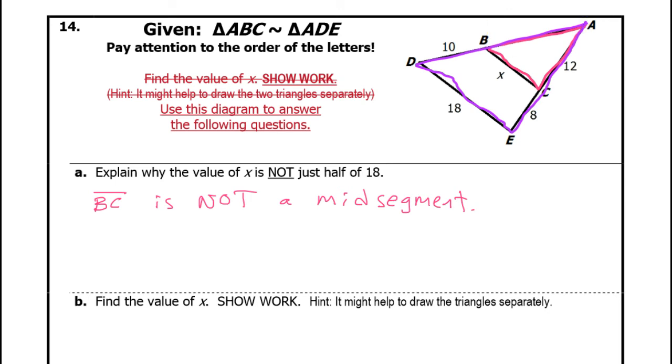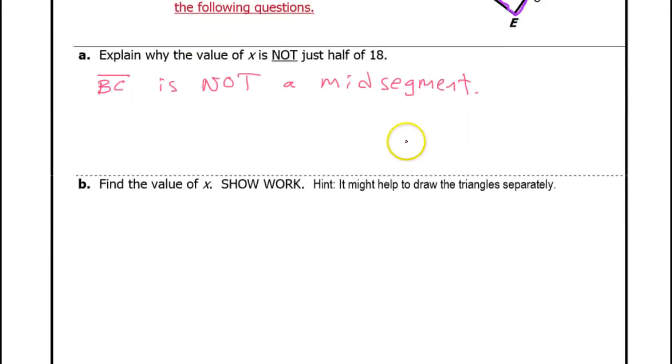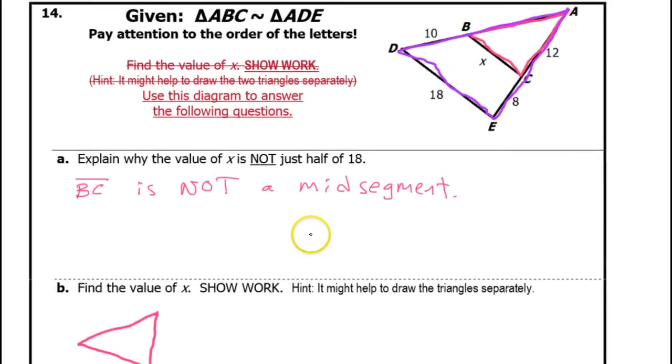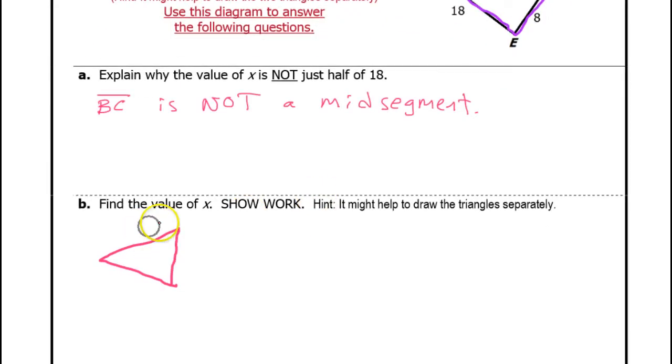Those are the two triangles I'm about to draw separately. Let's start with triangle ABC. So here's triangle ABC. So this is A and B and C.